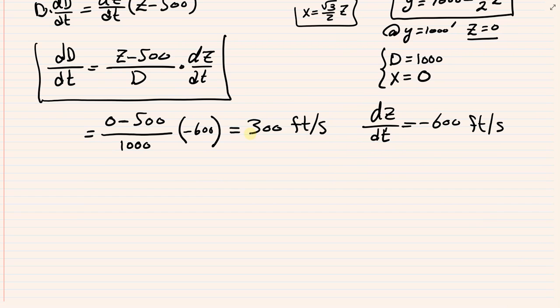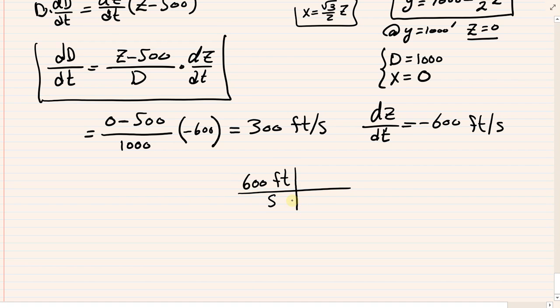Now we can change that, like how fast is it in miles per hour. Well, going through my conversion formula, 600 feet per second, there are 5,280 feet for each mile. I want to know what it is in miles per hour. That's just me; the question didn't ask that. And here we have seconds, so there are 60 seconds to each minute, and 60 minutes to an hour, so 3,600 seconds to an hour. See how I line these up so I know how to come up with the answer.